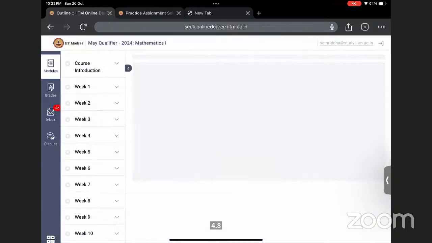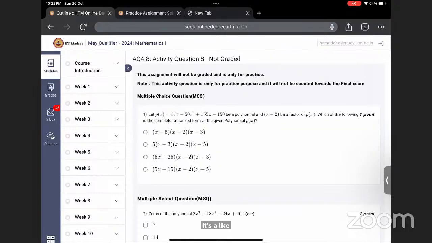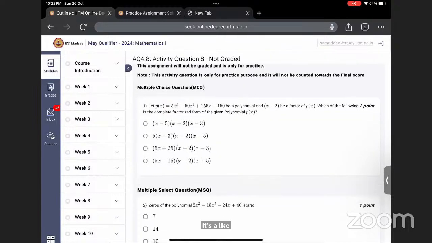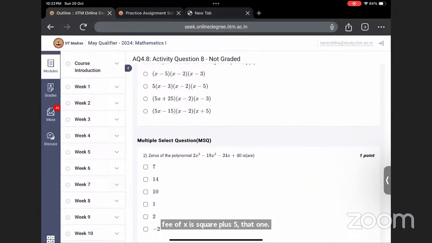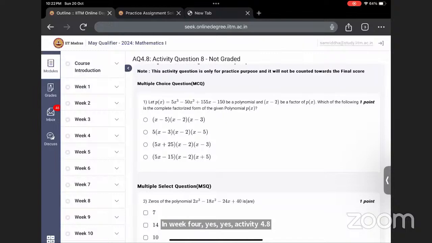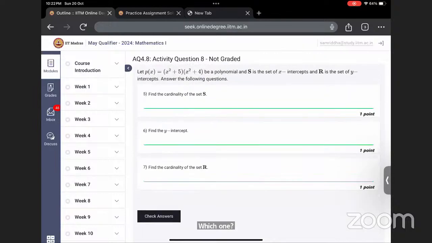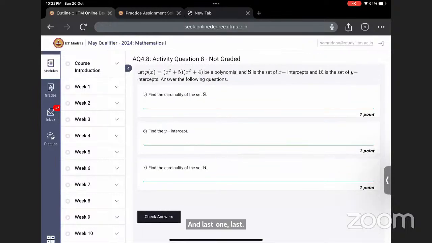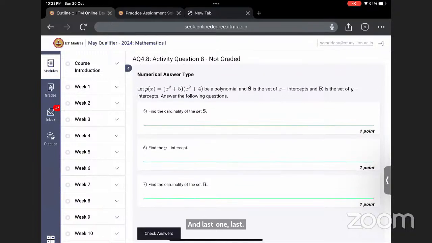It's like P of x equals x square plus 5, that one. In week 4, activity 4.8, the last one, 5, 6, 7. Okay, so what is the question?